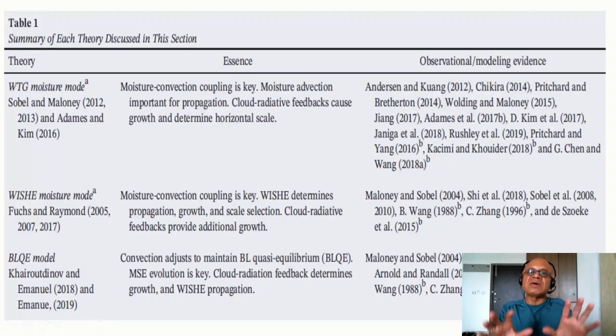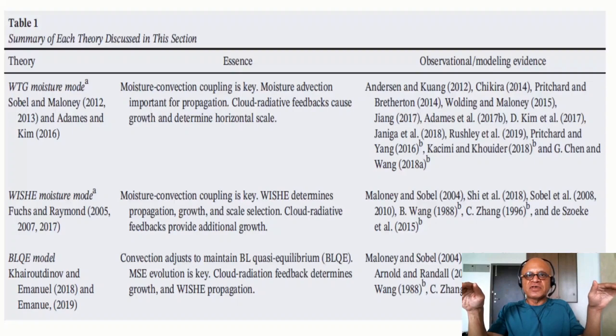Basically, weak temperature gradient is the observation that in the tropics, once you're in the free troposphere, the temperature gradients are very weak. And considering the very strong diabatic heating that occurs because of convection throughout the tropics, what is the dynamic mechanism which is maintaining this fast timescale weakening of the temperature gradient?